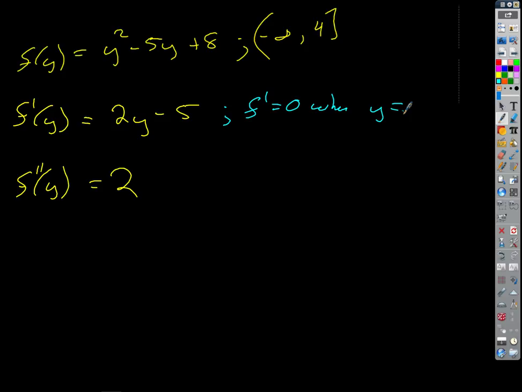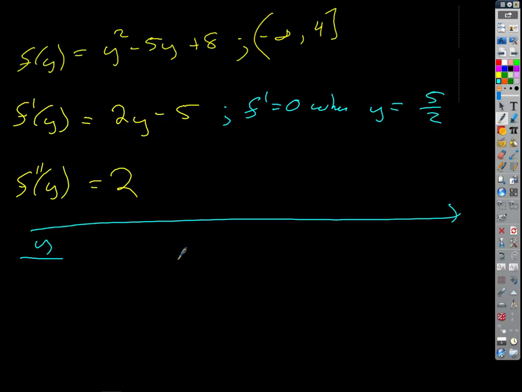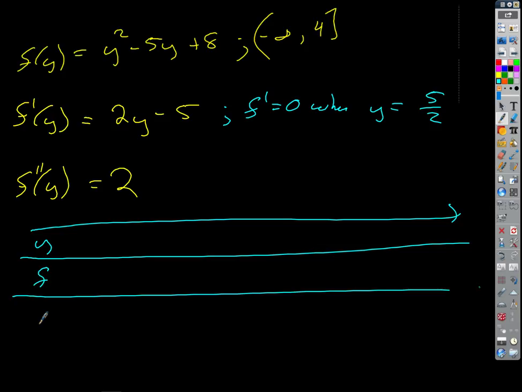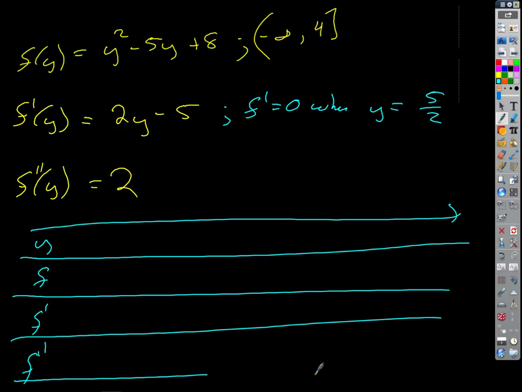Yeah, okay, bye. Okay, so what's y? Yeah, okay. And so we just make our little table, and this is a pretty simple one. Our input variable is y. We've got f prime, f double prime.